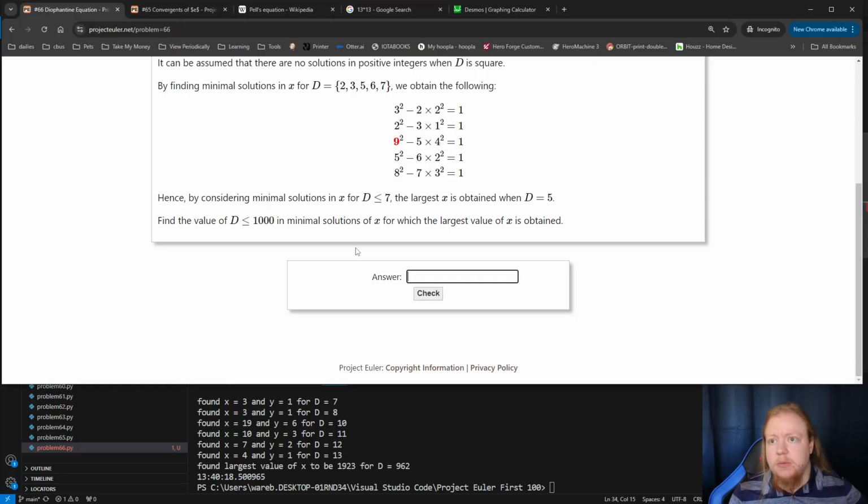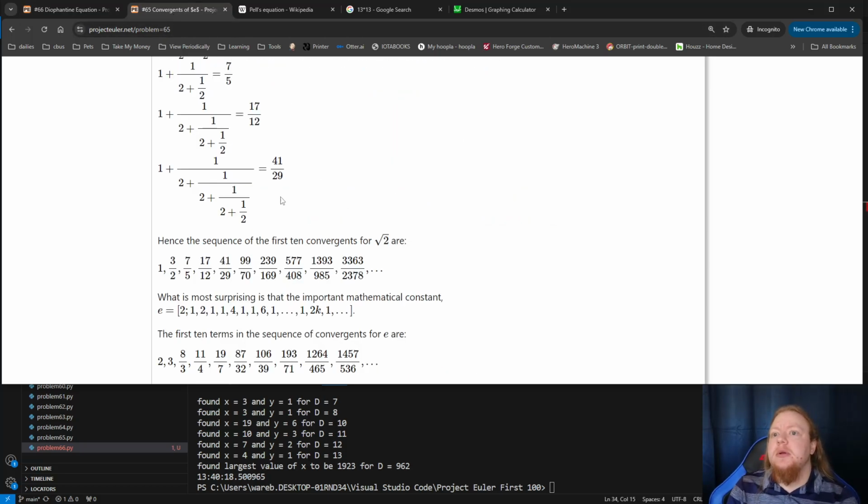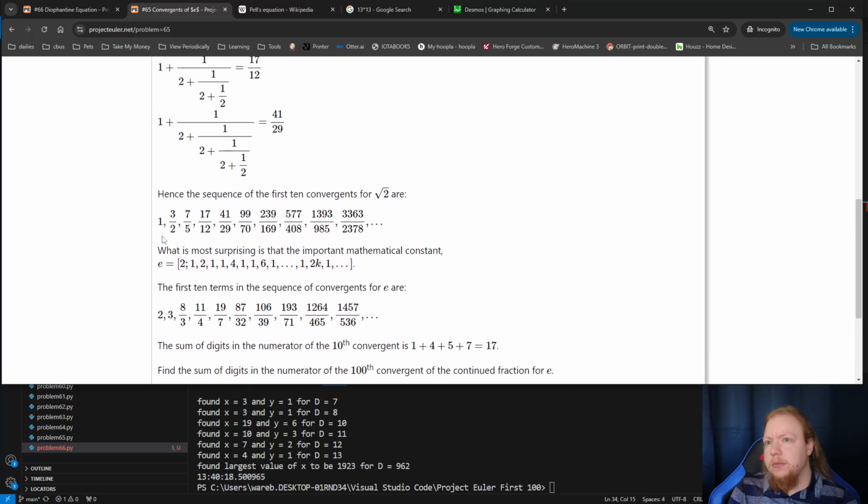Let's see, go back to this example. So for square root of 2, there was this pretty clear pattern. Where each new denominator was the previous two terms added together, and each new numerator was the new denominator plus the previous denominator.